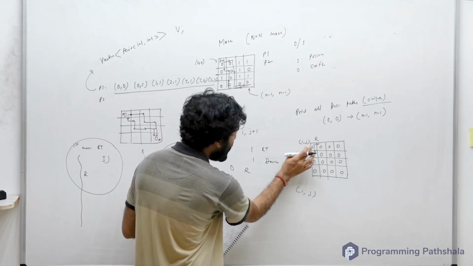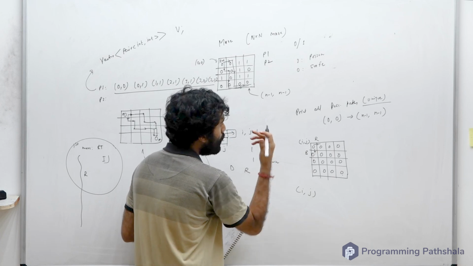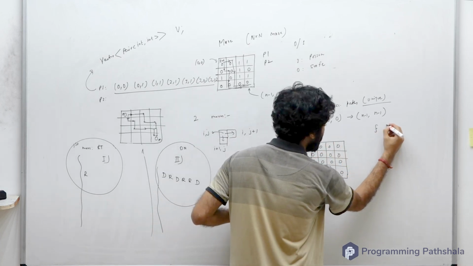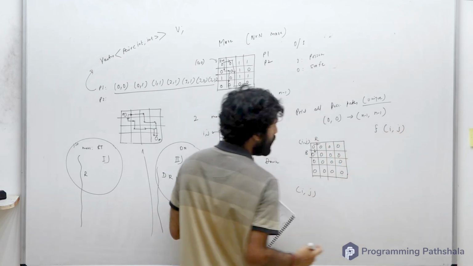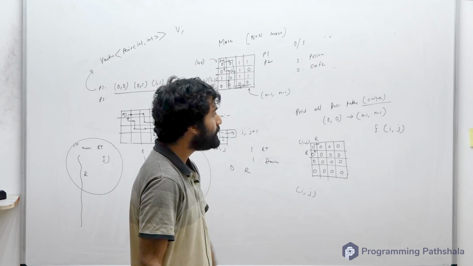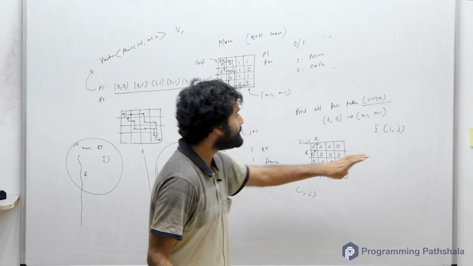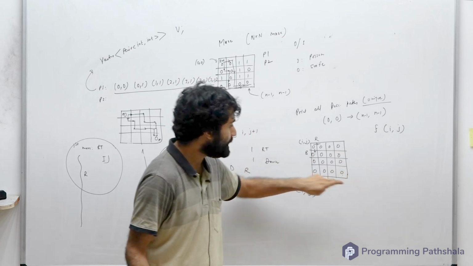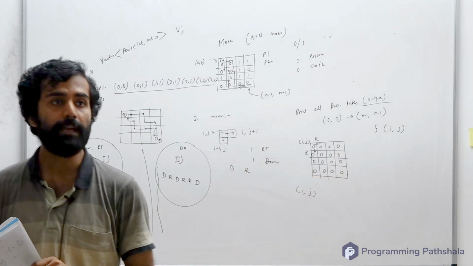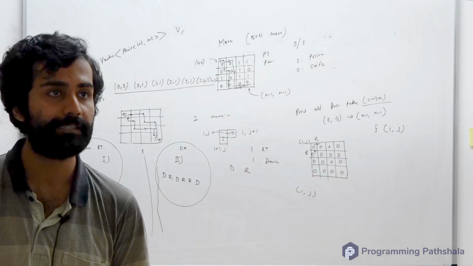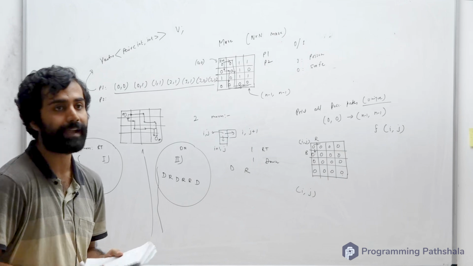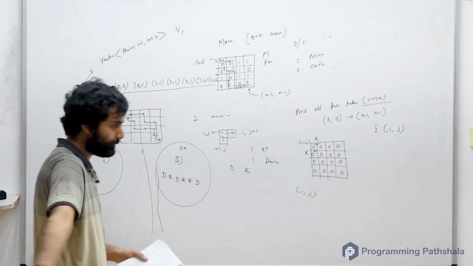So whenever you are at i comma j, what does it mean? If a function call for i comma j is made, what does it physically mean? It physically means that you are interested in determining the paths that start from i comma j and reach n minus 1, by adhering to the rules that you can either move 1 unit right or 1 unit bottom at every time.